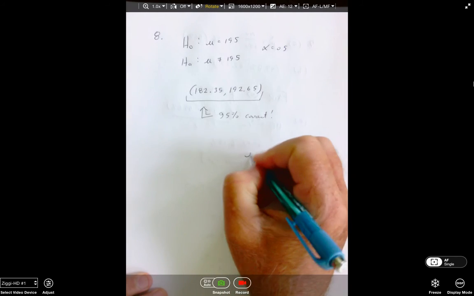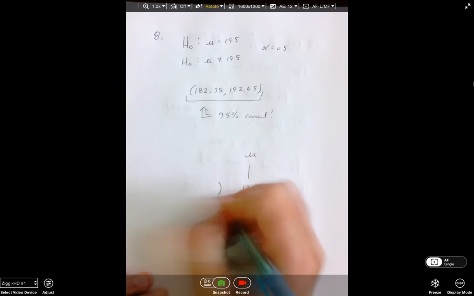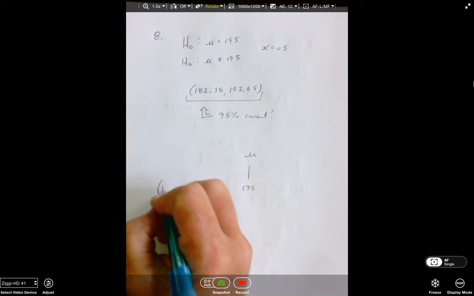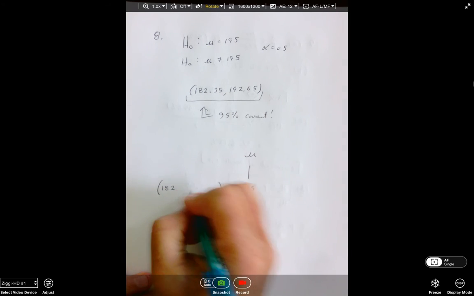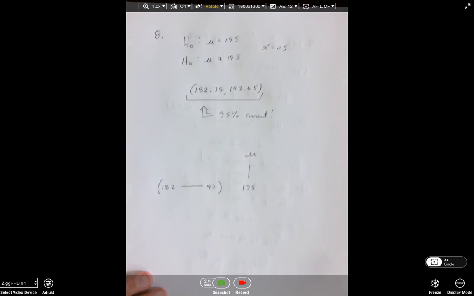We have this mean value of 195, yet our entire confidence interval, which ranges from about 182 up to about 193, is below the claim.